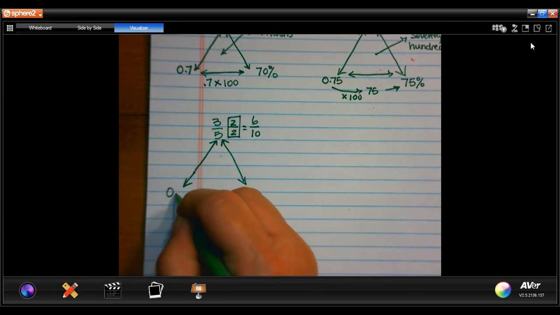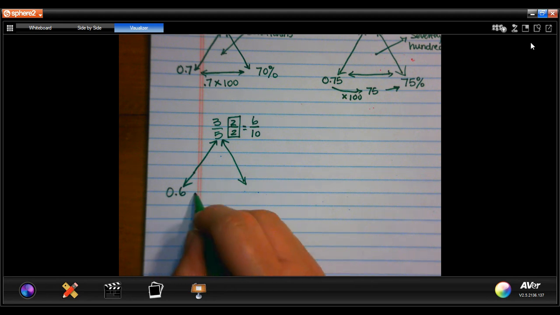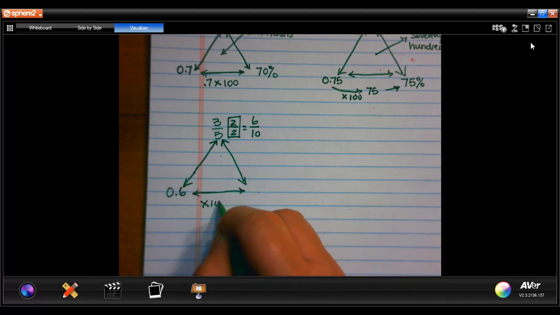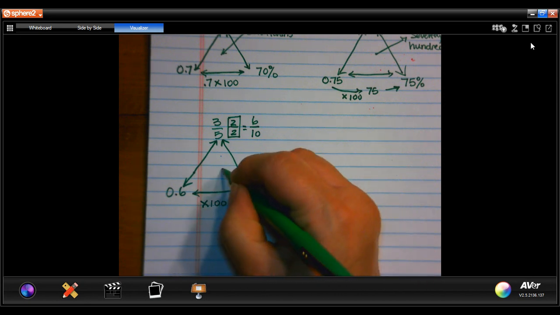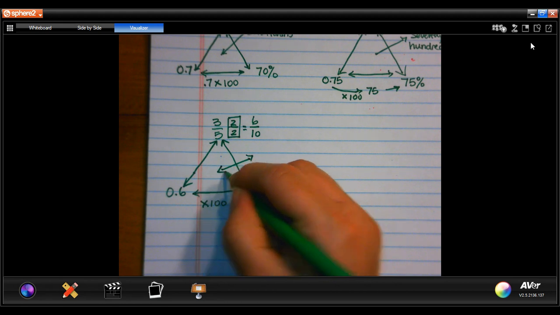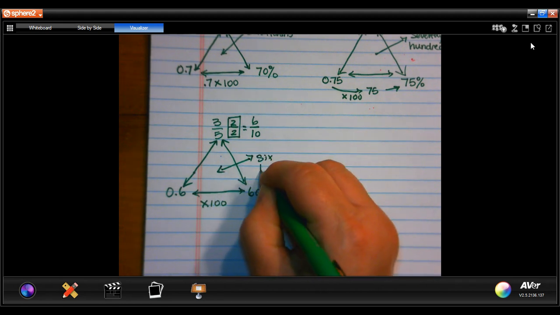And if I am using my correct pronunciation of my decimal, it is 6 tenths, written like that. And again, multiplying times 100, and that brings me to 60%. Inside my belly of my triangle, I would write 6/10.